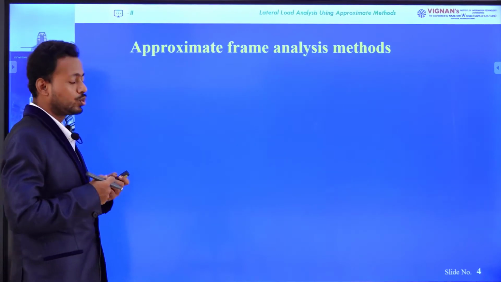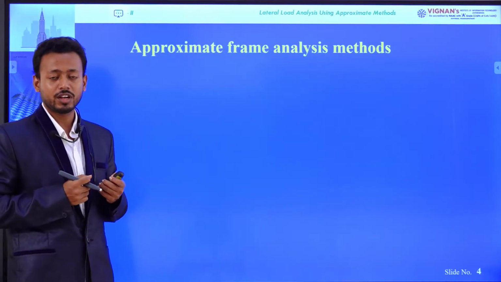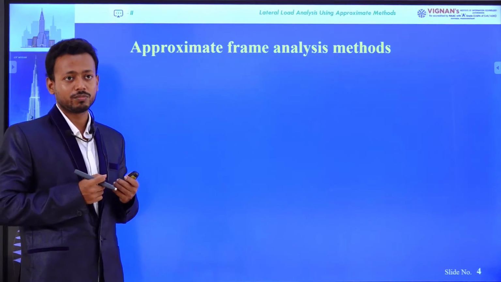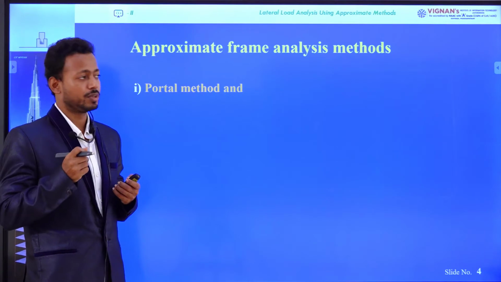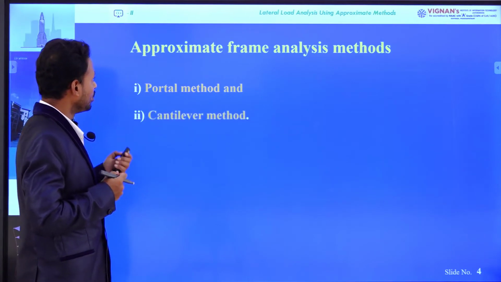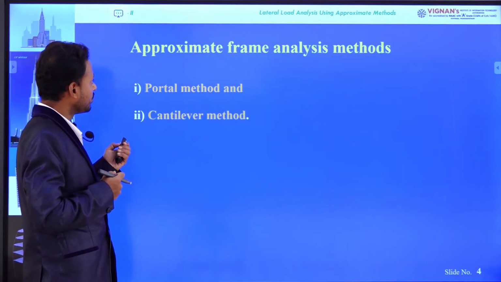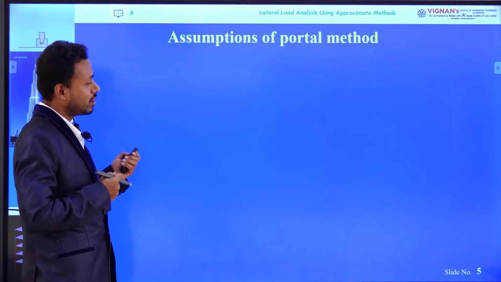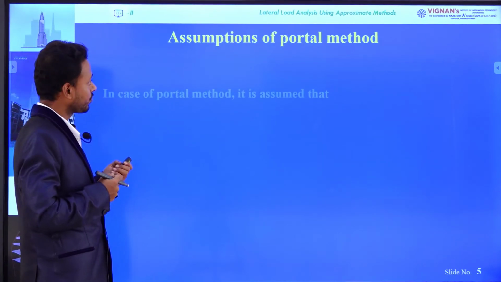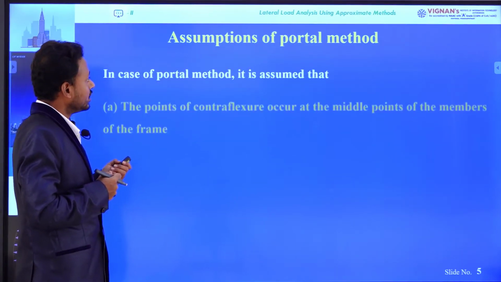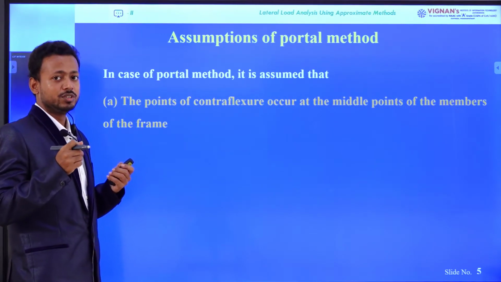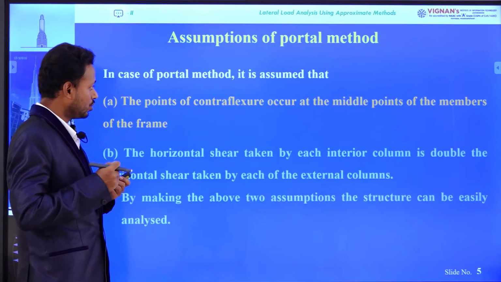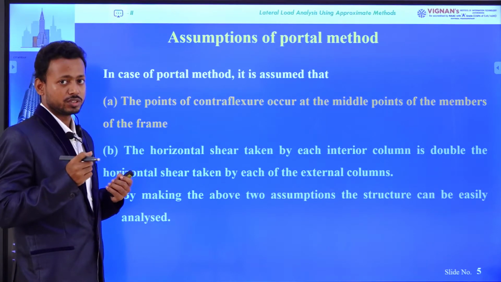There are two methods available to analyze a frame. The first one is the portal method, the second one is the cantilever method. So, today I will derive the portal method and the cantilever method. To analyze a frame using the portal method, we have two assumptions.